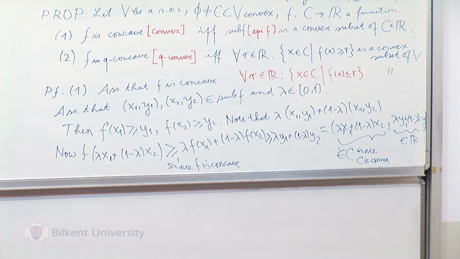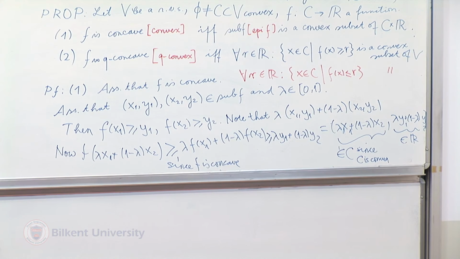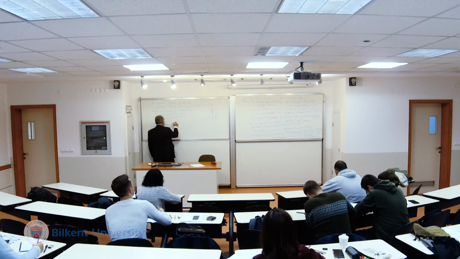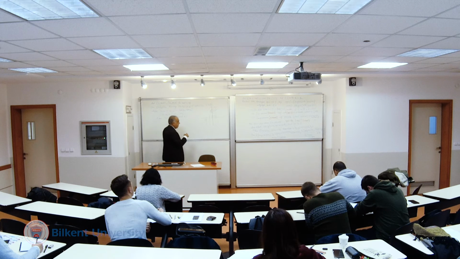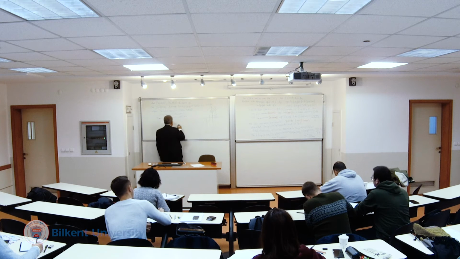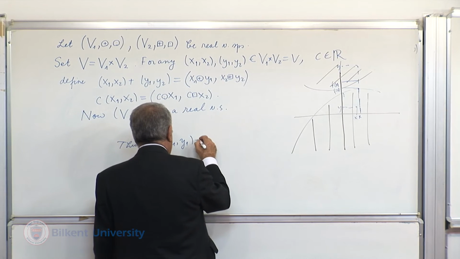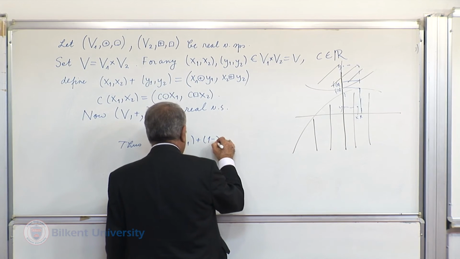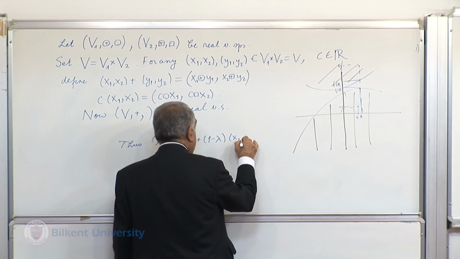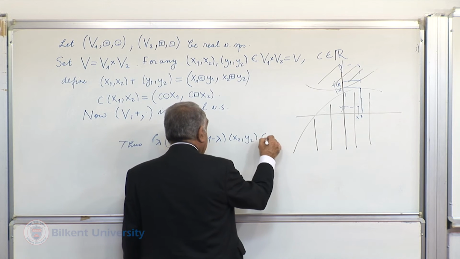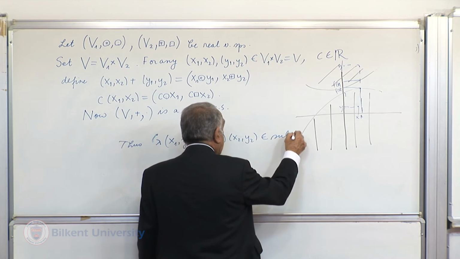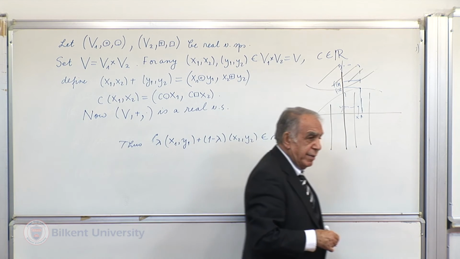thus lambda x1, y1 plus 1 minus lambda x2, y2, that belongs to the subgraph of f.